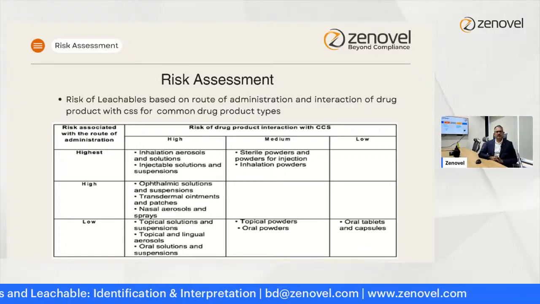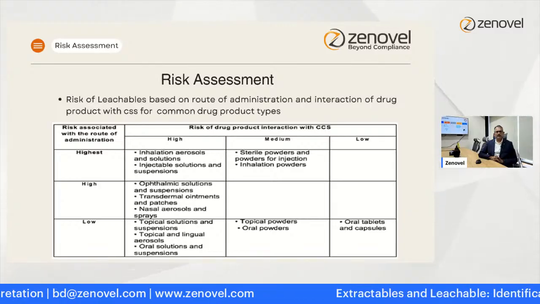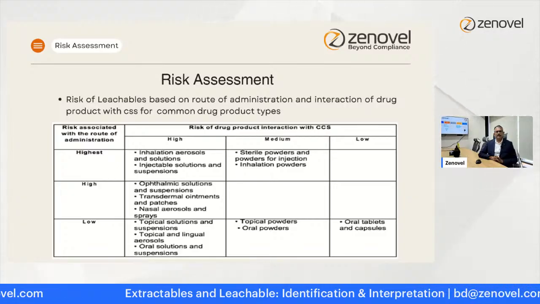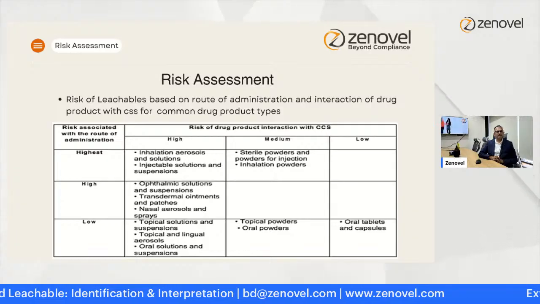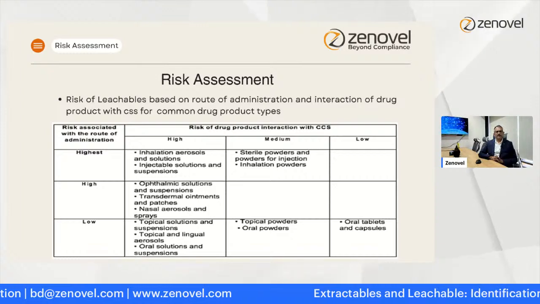And if the risk associated with the route of administration is high, and we are using ophthalmic solutions and suspensions, transdermal ointments and patches, and nasal aerosols and sprays, then the risk of drug product interaction with the CCS is high.